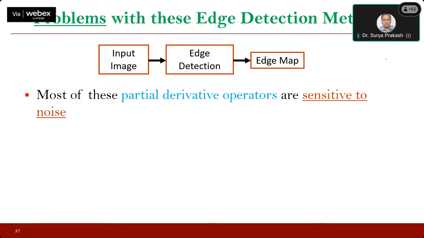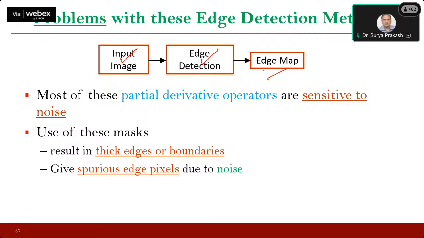Now here we are directly saying that we have an input image, we compute the gradient, detect the edges and get the edge map. But these derivatives are very sensitive to noise.